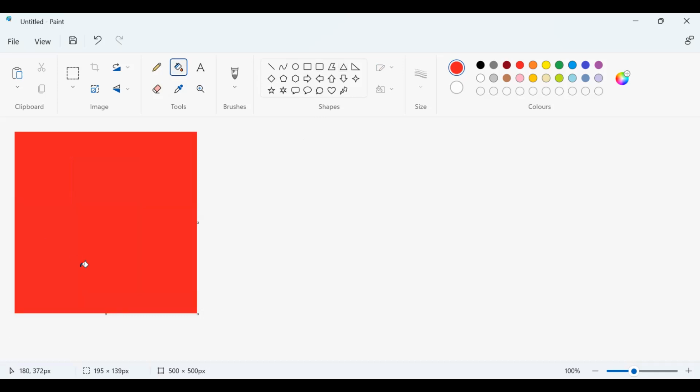See here, there is red, there's a black triangle, and there's one more square. Let me fill another triangle with a different color. So that's an abstract image, all triangles.